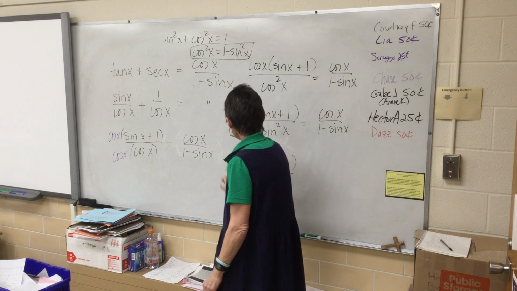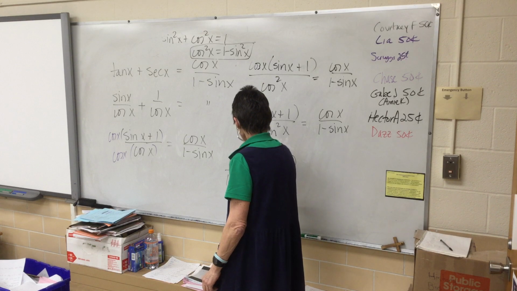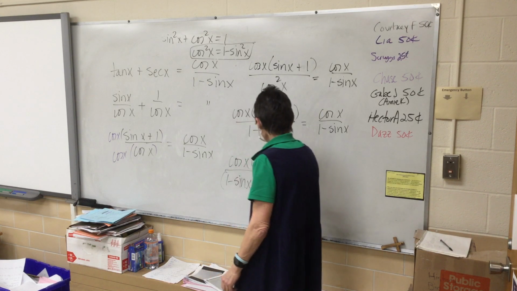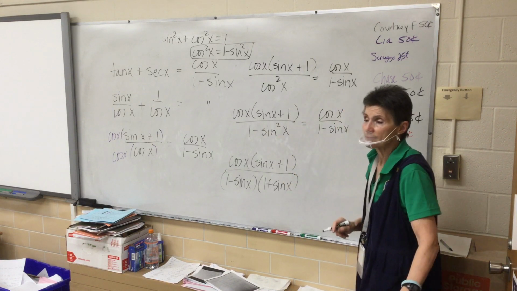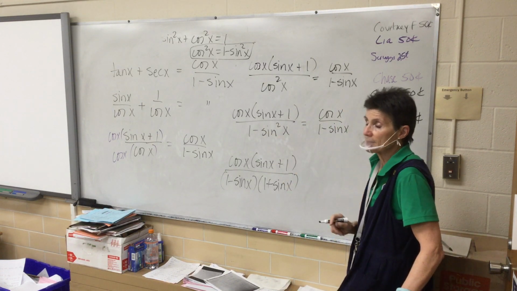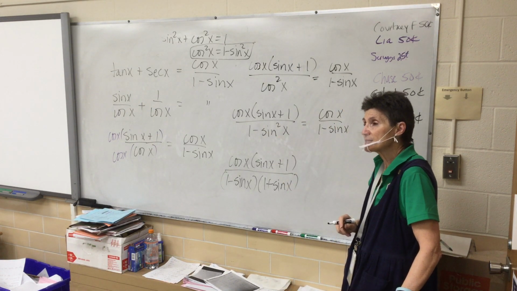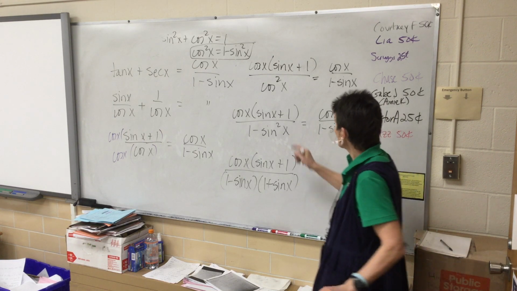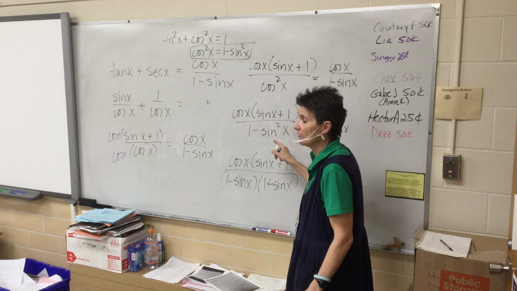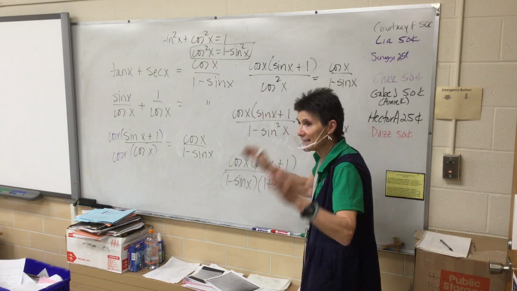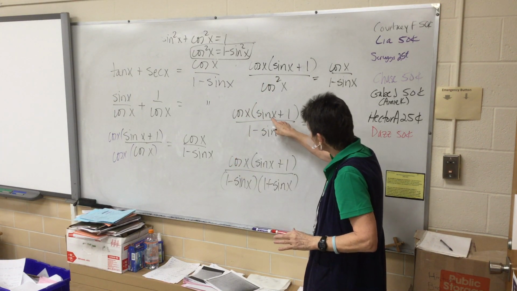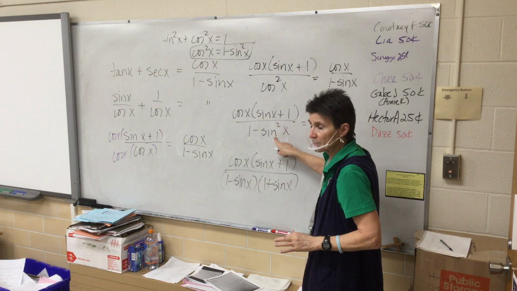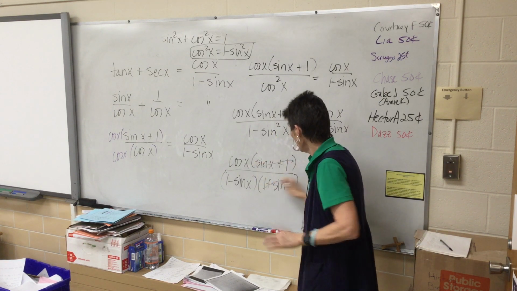So there's my numerator. Here's my denominator. Now what do you notice? Now you can cancel. Kids, when pluses and minuses are involved, you cannot cancel unless you can cancel the entire quantity. So you can't cancel a piece, but you can cancel a whole.